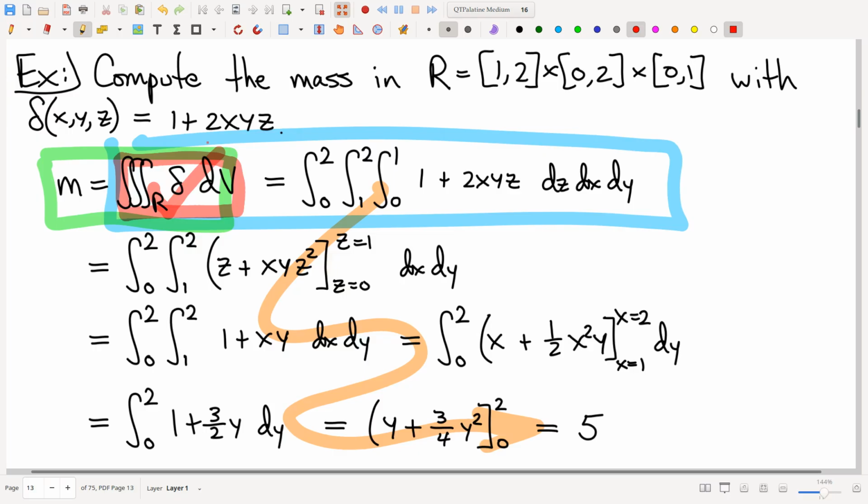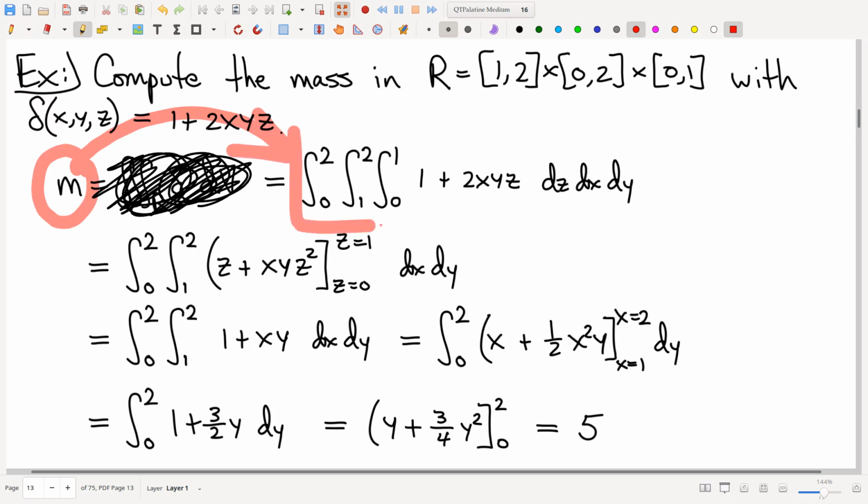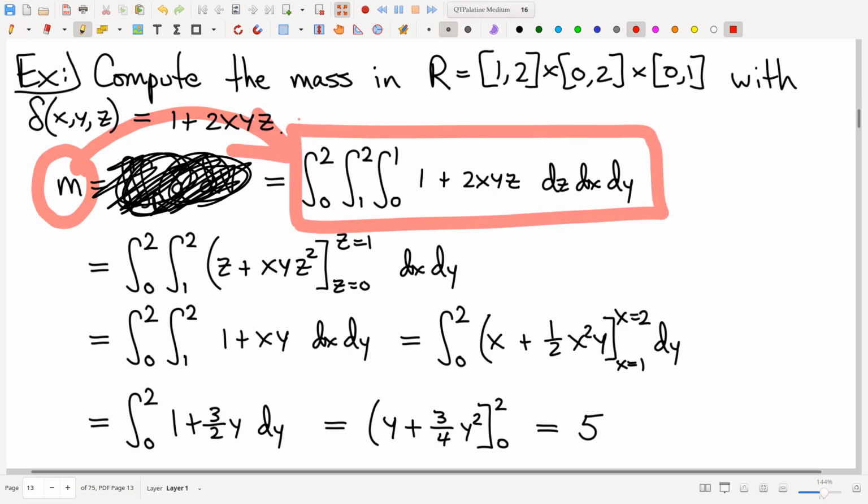The reason I think this is important is that one thing that I have highlighted in red here. That's what distinguishes your work from if someone were instead to just claim that you can compute things like mass with iterated integrals directly, which again is fraught, at best fraught.